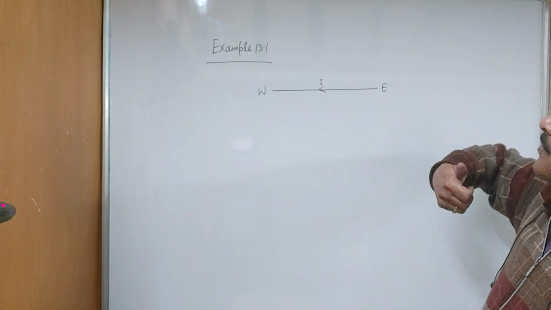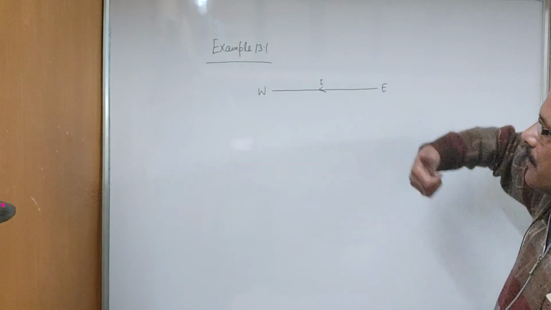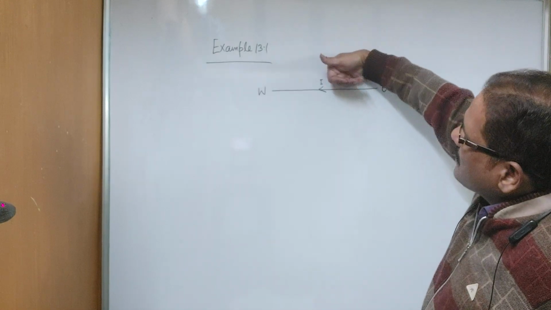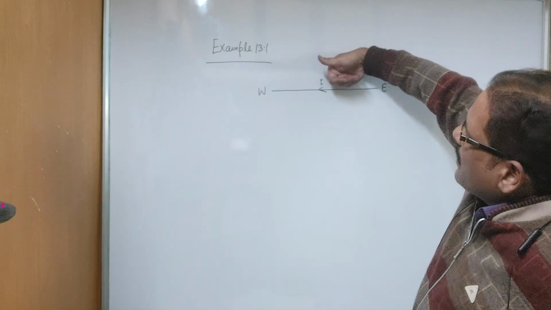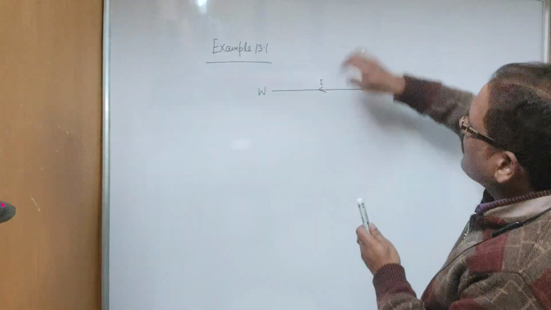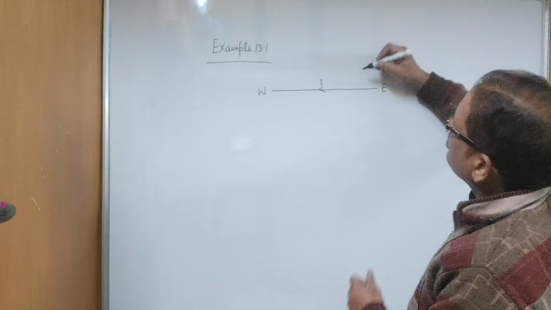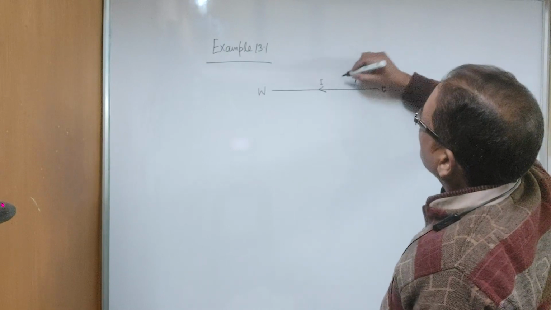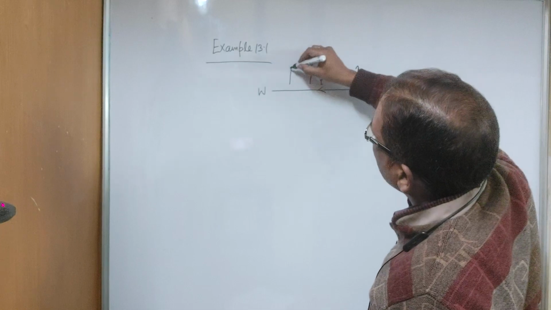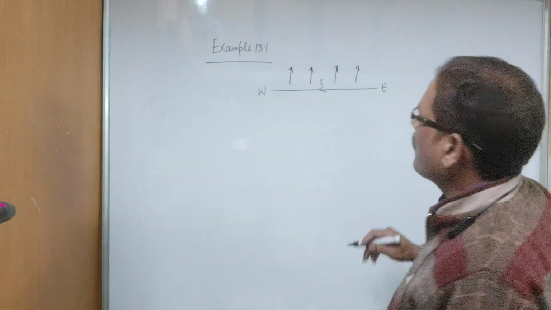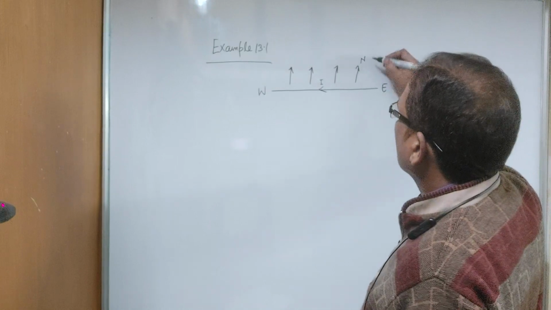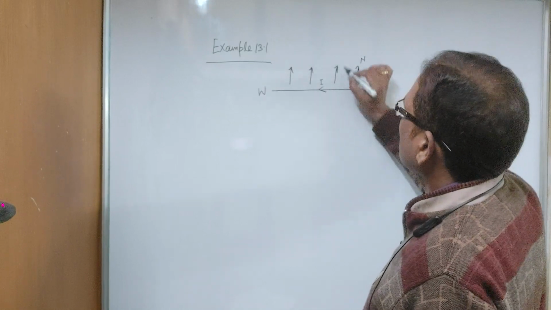If you have to find the direction of magnetic field, then if you hold the wire in this way, the current is moving in this direction, so the magnetic field lines are in upward direction here. As you know, this direction is north and this is south.